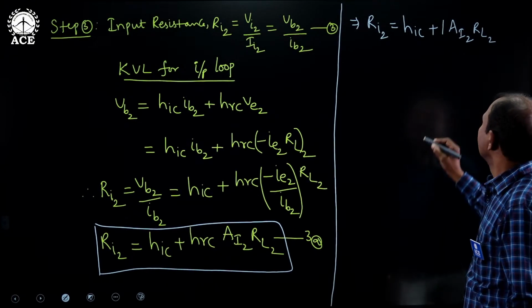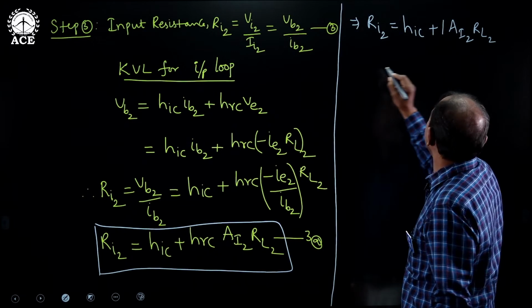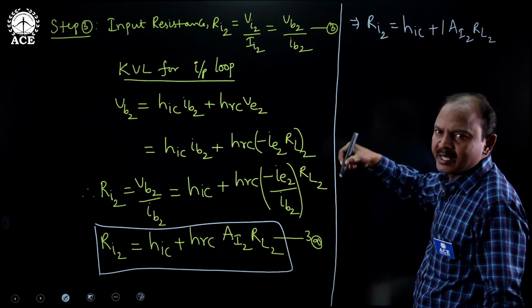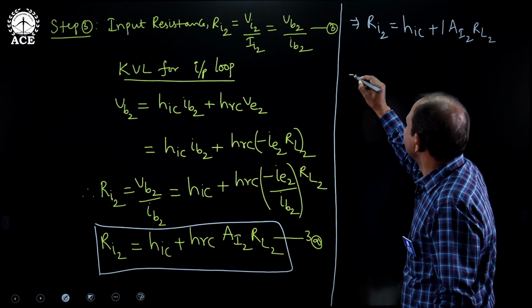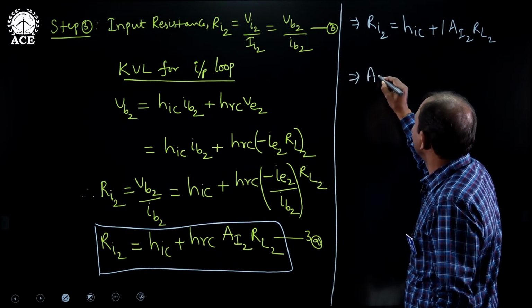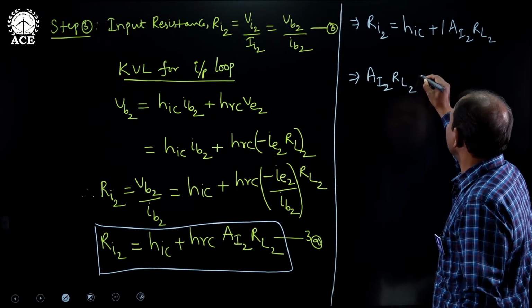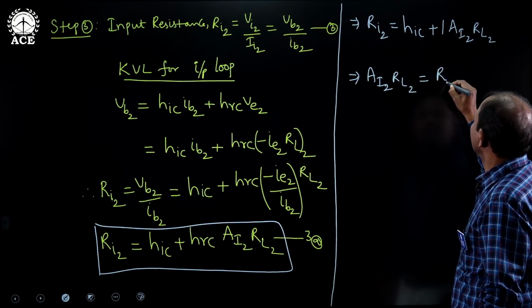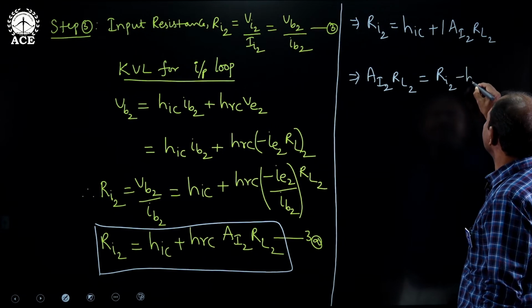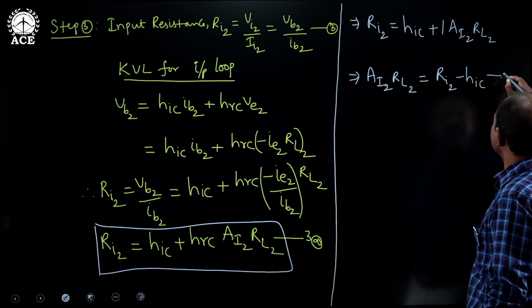From this, I will write an equation for AI2 RL2, which is required for me in the next level. From this, I am writing AI2 into RL2 equal to Ri2 minus HIC.